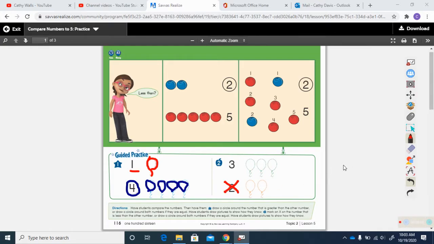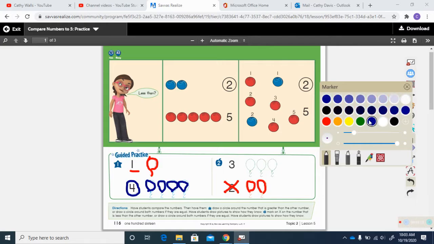Again, it wants us to draw pictures to tell how we know. So since I still have my red crayon, I'm going to go ahead and draw 2 red balloons for number 2.